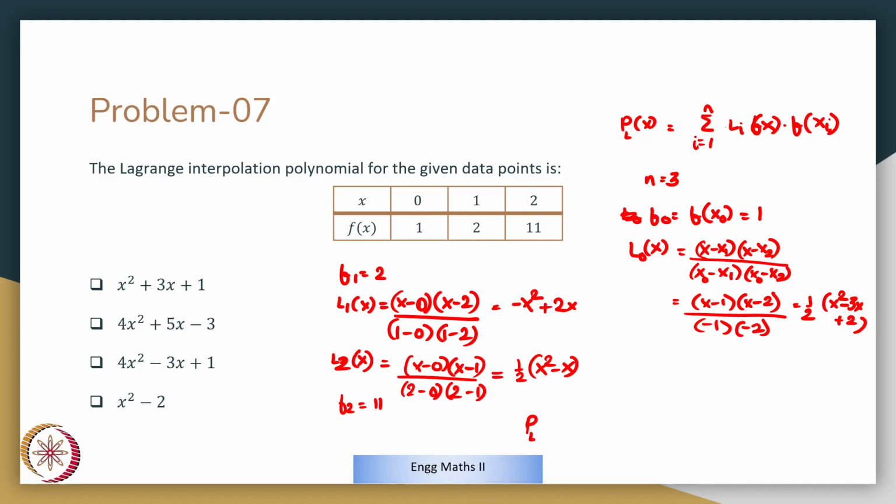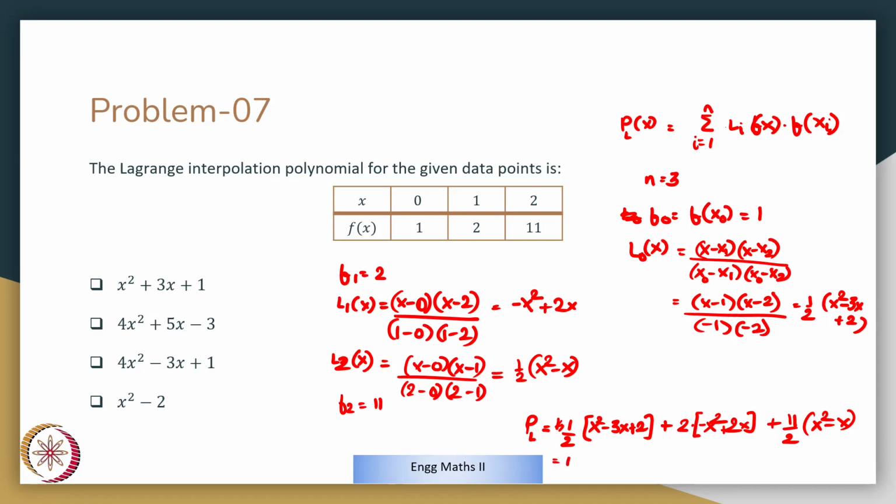Therefore, my Lagrange polynomial ends up to be f0 into L0, which is 1 into L0, which is half of x square minus 3x plus 2, plus twice of minus x square plus 2x, plus 11 into half of x square minus x.